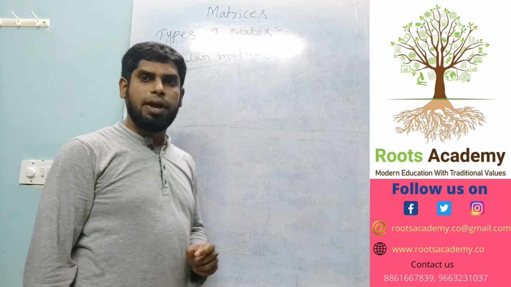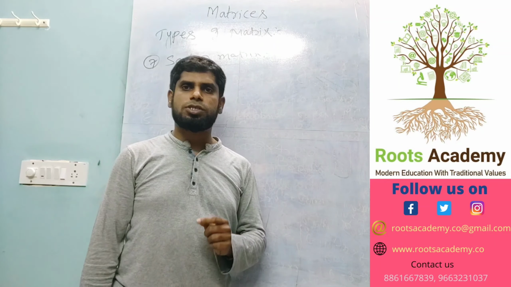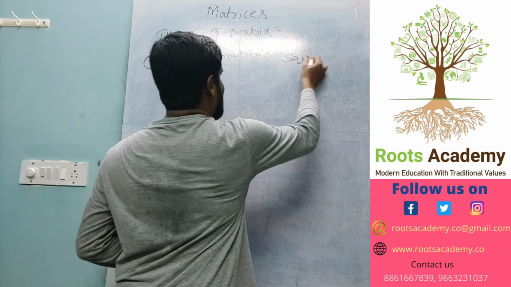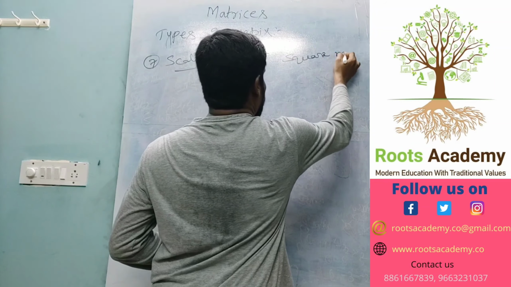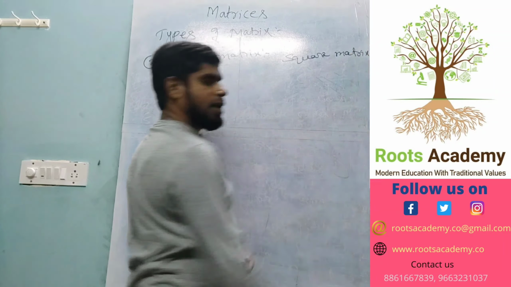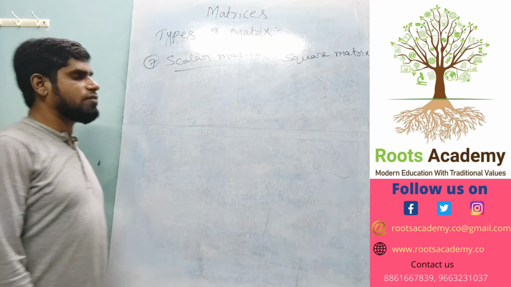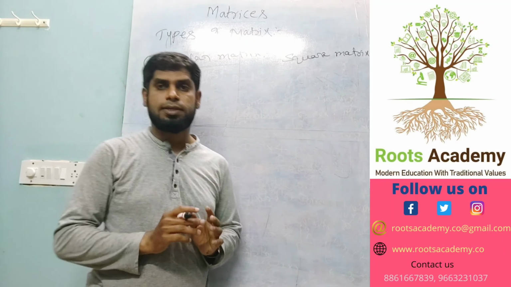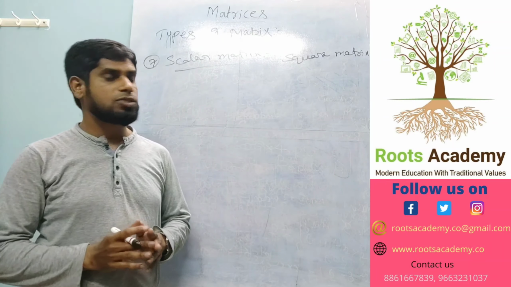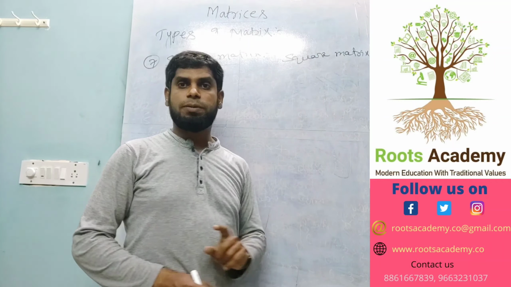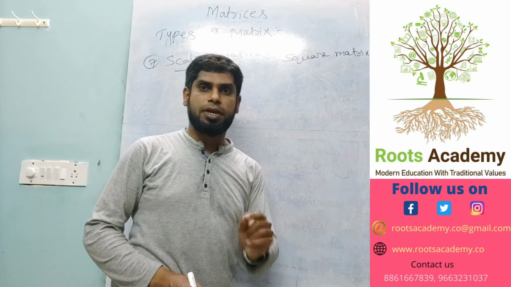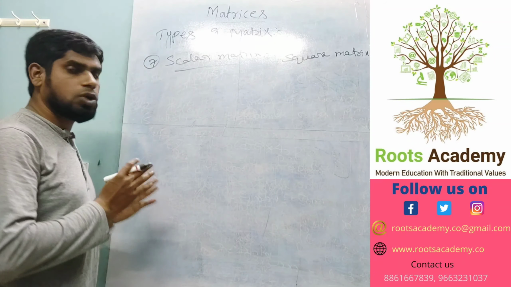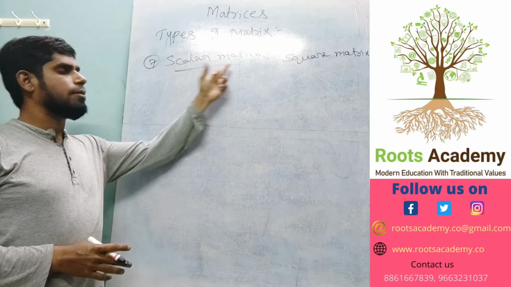In a scalar matrix also, it must first be a square matrix. Then the principal diagonal elements of the square matrix must be the same or equal, and the other elements are 0. Those matrices are called scalar matrices.